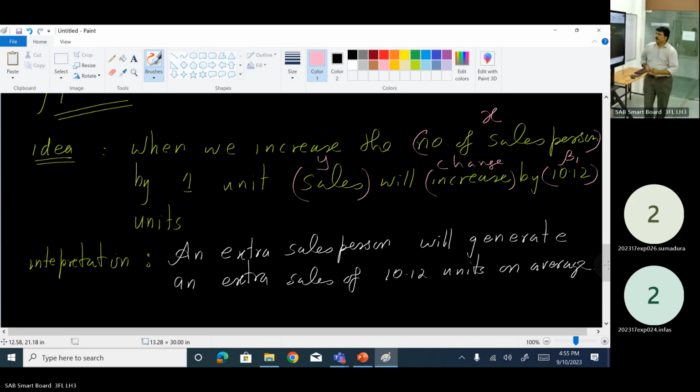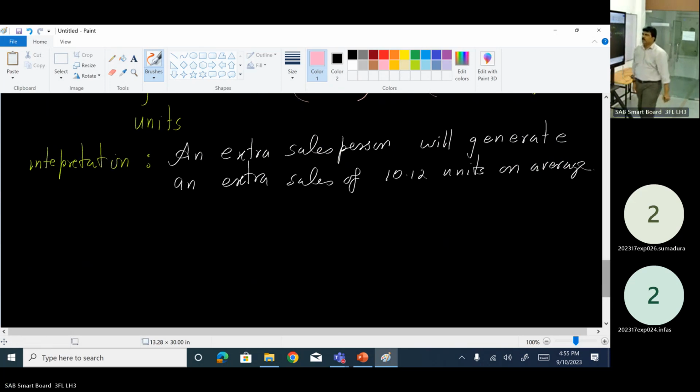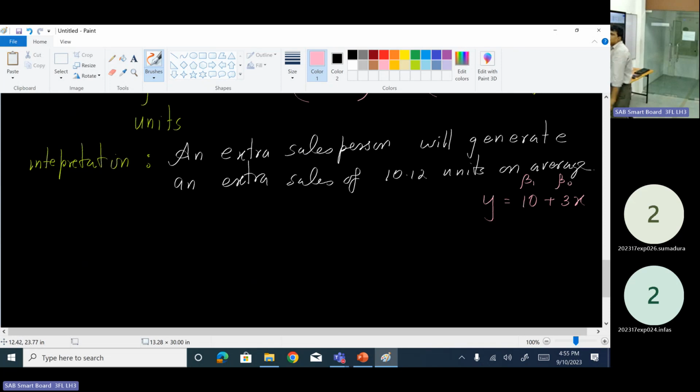Now beta naught. So we take a model, y equals, let's say, 10 plus 3x. So this is your beta 1, this is your beta naught. Right.